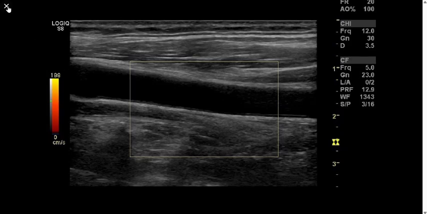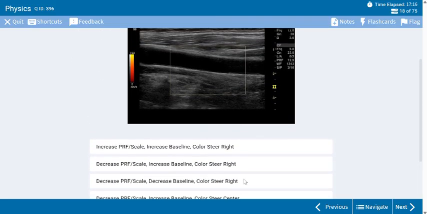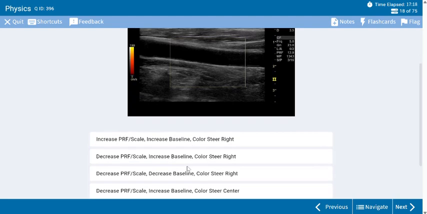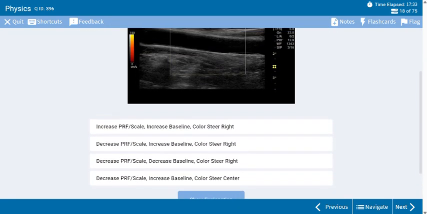So looking at the answers, we can see that we need to increase the baseline, so these 3, and then color steer to the right, which is that. So color steer to the center, no. And then we would increase the baseline, color steer to the right, and then increase the PRF or decrease the scale.